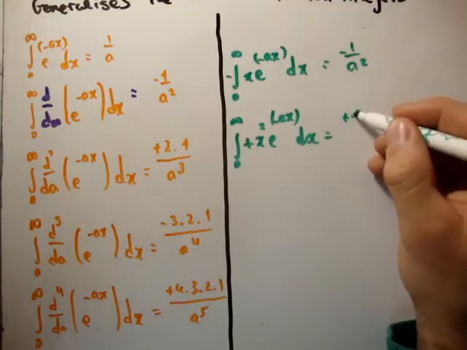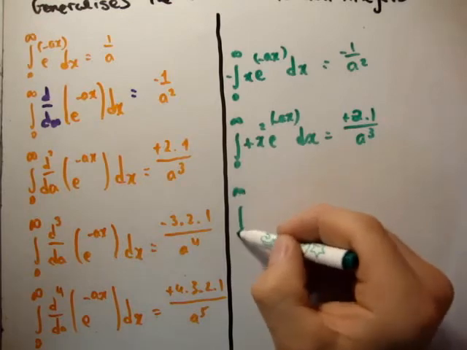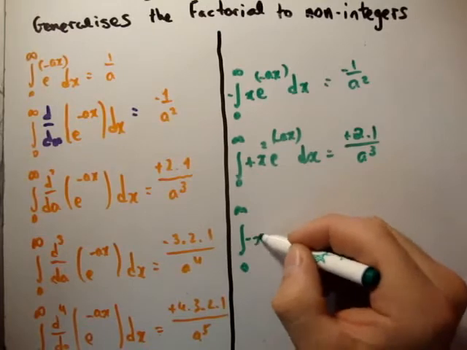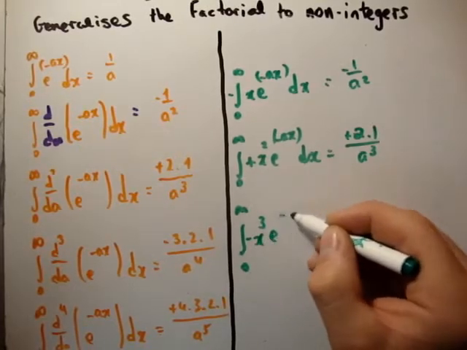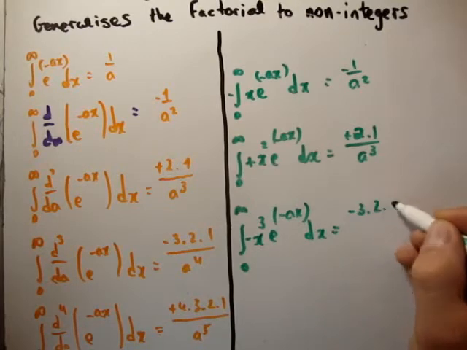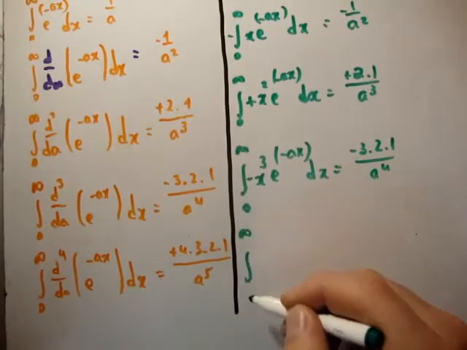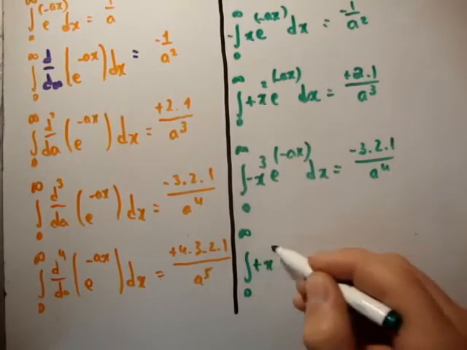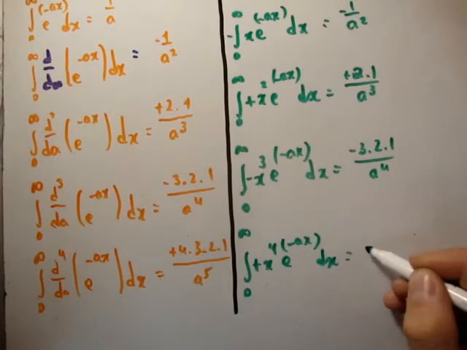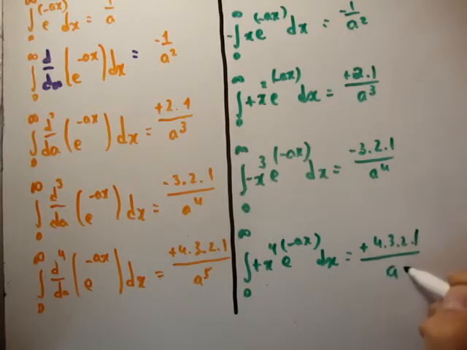We're going to get plus 2 times 1 over a cubed. Now this time I'm going to integrate minus x cubed. And you know what you're going to get here. And finally, just to be complete, this time it's plus, it's going to come plus 4, 3, 2, 1 over a to the 5.